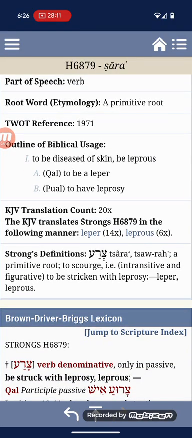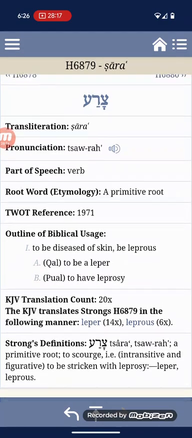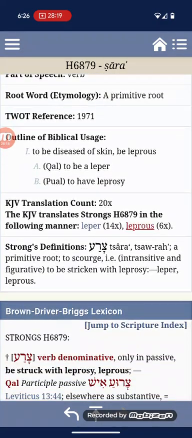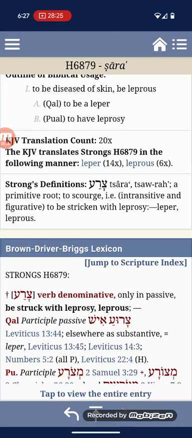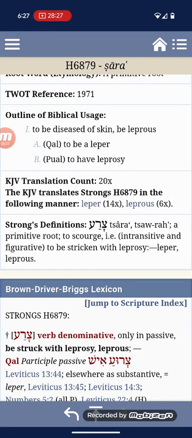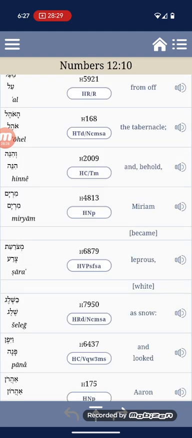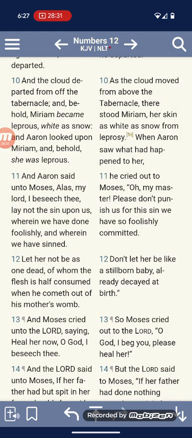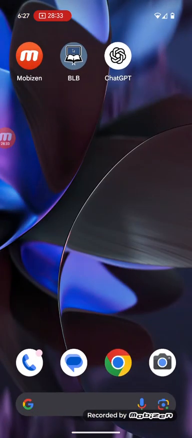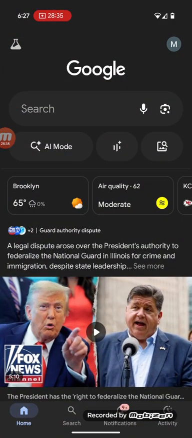Under the Strong's definition, it says to be stricken with leprosy. All right, I'll tell you what, we're going to go over to Google. And I'm going to Google leprosy.